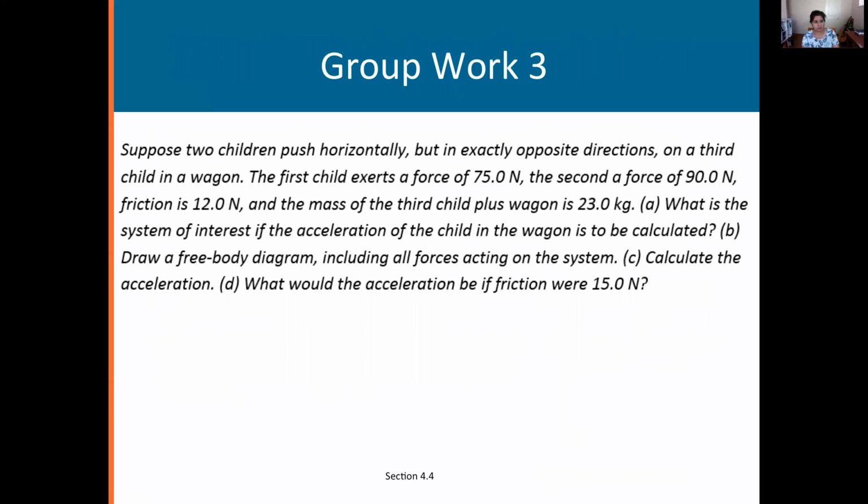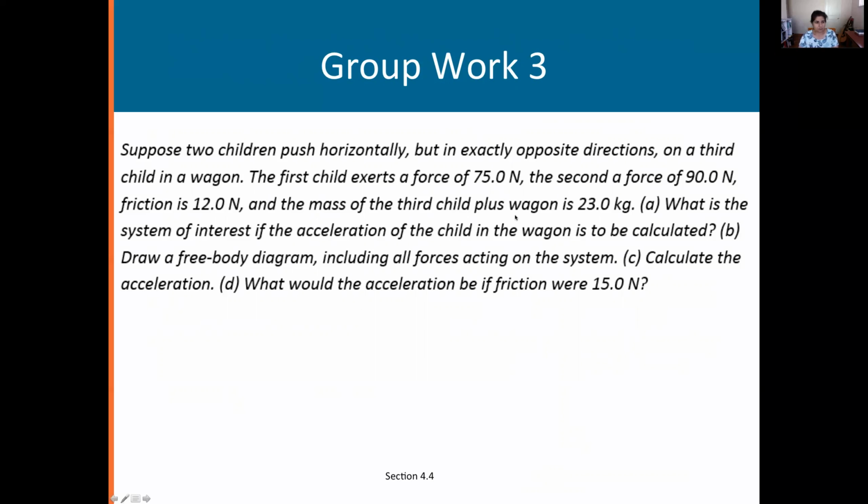Part A: What is the system of interest if the acceleration of the child in the wagon is to be calculated? Part B: Draw a free body diagram including all forces on the system. Part C: Calculate the acceleration. Part D: What would be the acceleration if friction were 19 newtons, so friction increased?